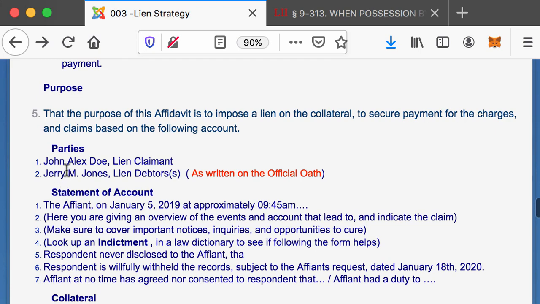The parties: John Alex Doe, the lien claimant, or you might come in the position of the executor, and then the lien debtor, Jerry M. Jones, which in our case would be the public official, and you would write that name. I would write it at least in one form as it's written on the oath of office.